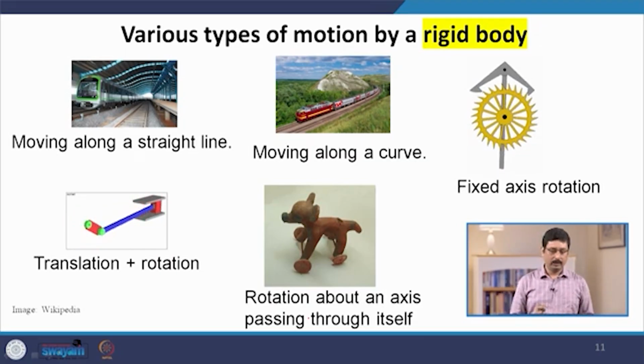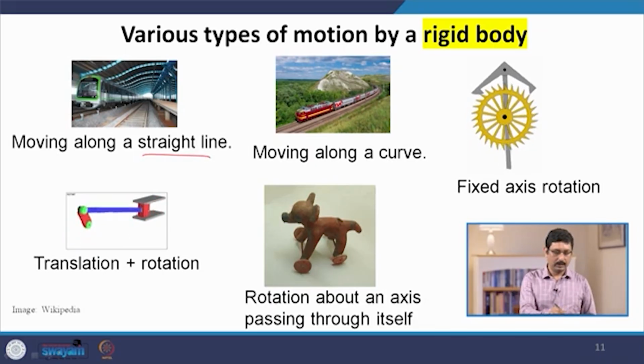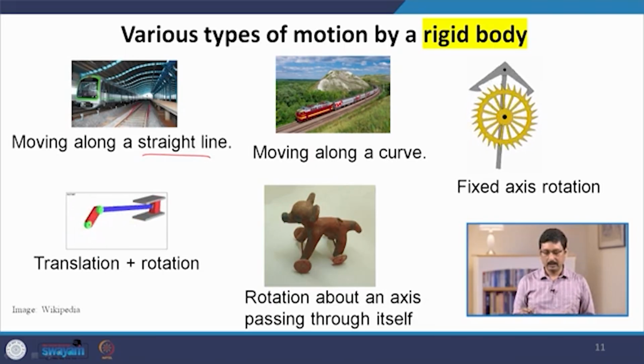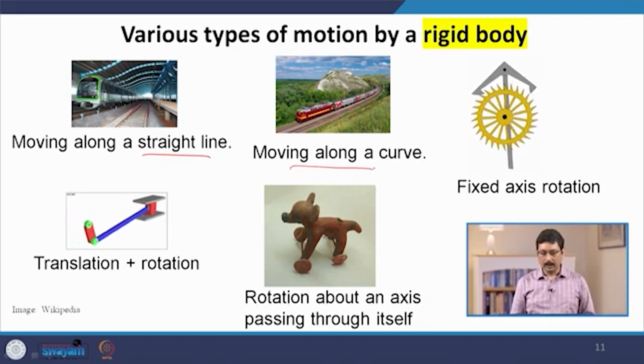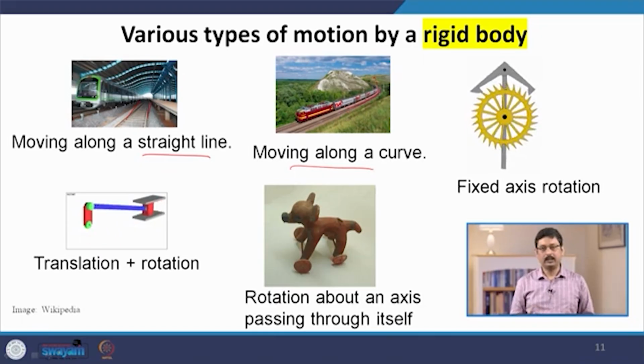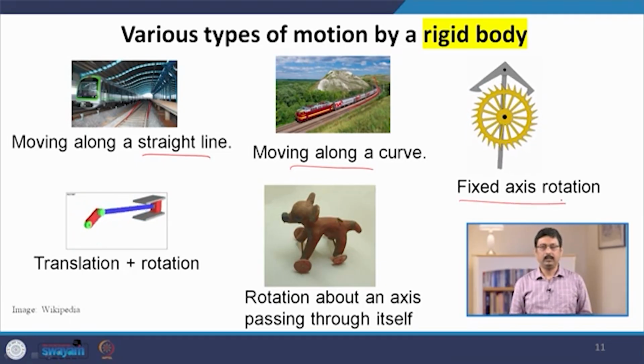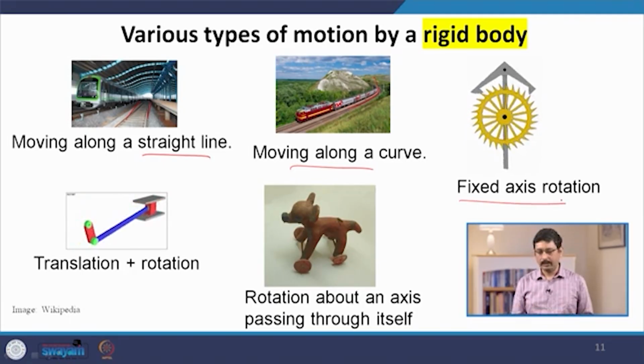Here are some examples of various types of motion of a rigid body. Like before in the case of a point mass, it can move along a straight line, such as this train moving on a straight railway track. It can also move along a curve; the railway track can be curved at certain places. Apart from that, it can show rotational motion, which we shall see can be divided into different categories.